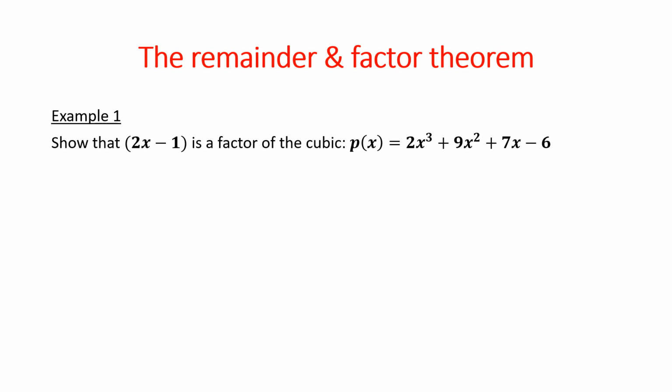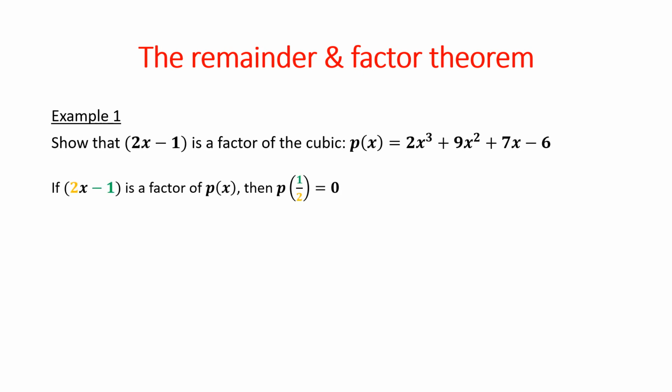Let's push on to our first official example of the video. Show that 2x minus 1 is a factor of the following cubic. If 2x minus 1 is a factor of the cubic, then we need to substitute half, 1 over 2, into the polynomial and get 0. Now, why 1 over 2?